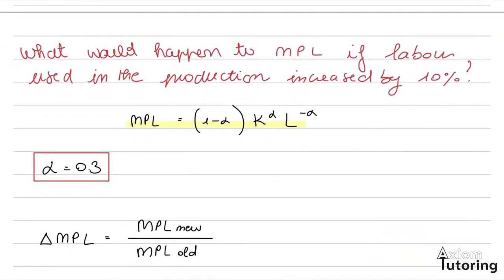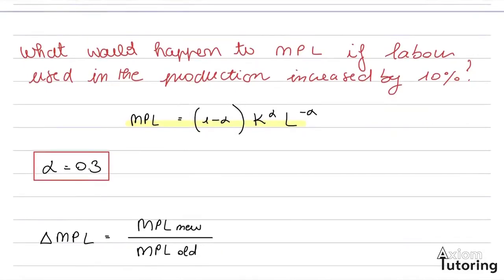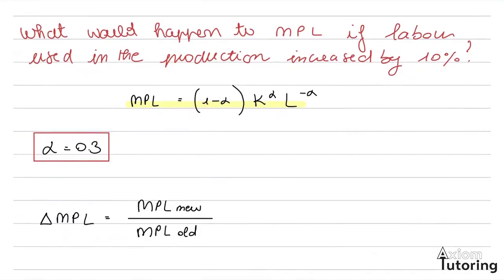Let's look at an algebraic and a calculation example to make more sense out of it. So we are going to look at what happens to the marginal product of labor if labor used in the production increased by 10%. How are we going to do it? So we're going to make a ratio between the new marginal product of labor, so including the change in labor, which is going to be a plus 0.1 L, and the old marginal product of labor, which is this equation here.